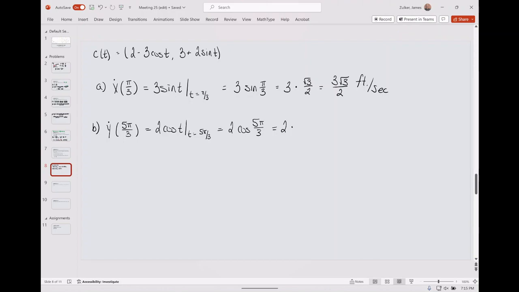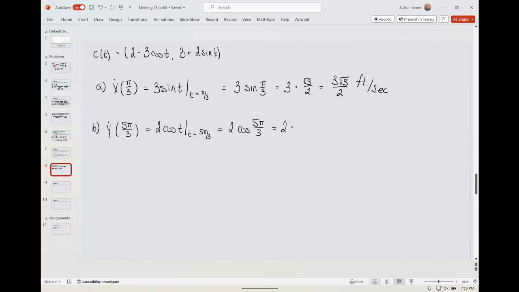Here's what I do, trig. What's cosine of pi over 3? 1 over 2. What quadrant does 5 pi over 3 lie in? Fourth quadrant. Is cosine positive or negative in the fourth quadrant?